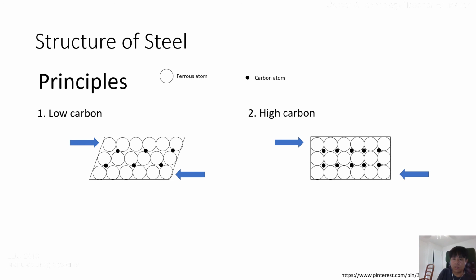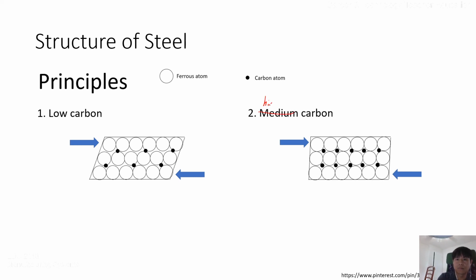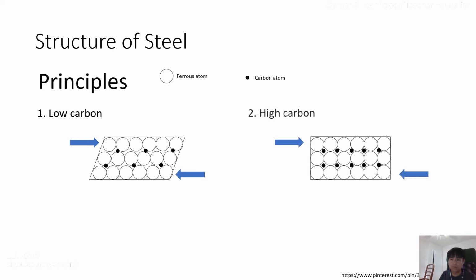Just ignore medium carbon; just a high number of carbon. Let's say this is high. Do you see the differences? How does the high carbon product react to the forces? Yeah, it does not move well.